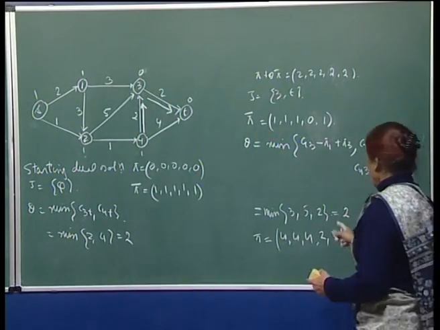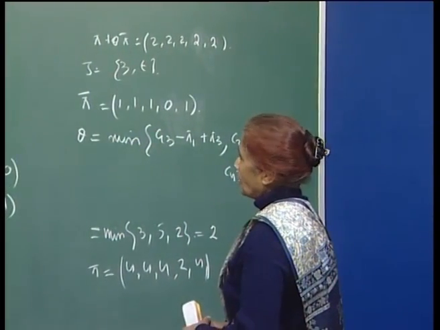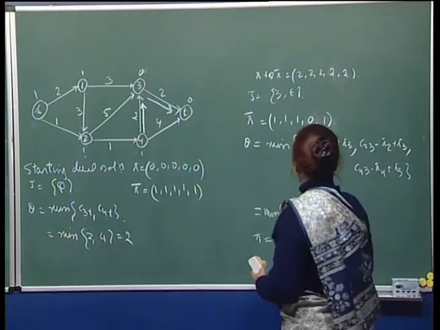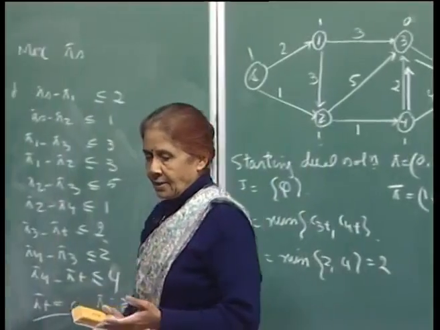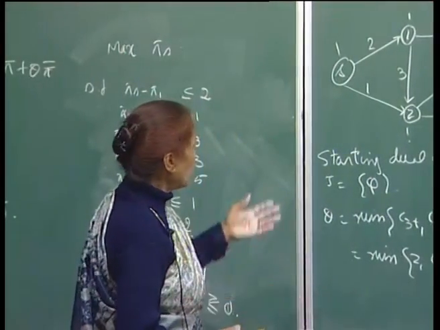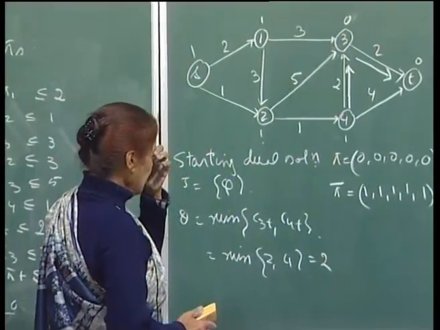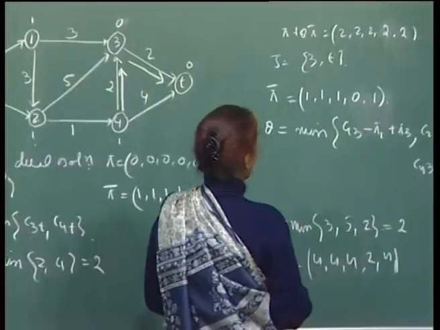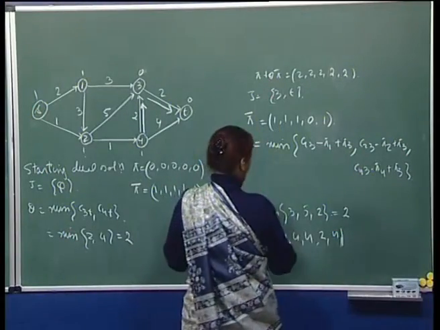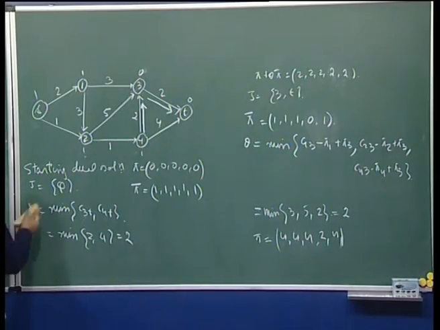Once you have this, the J becomes that, and you still have the value of pi bar s as 1 for the restricted dual. So, I need to update my dual solution further. What would be your restricted dual solution now?